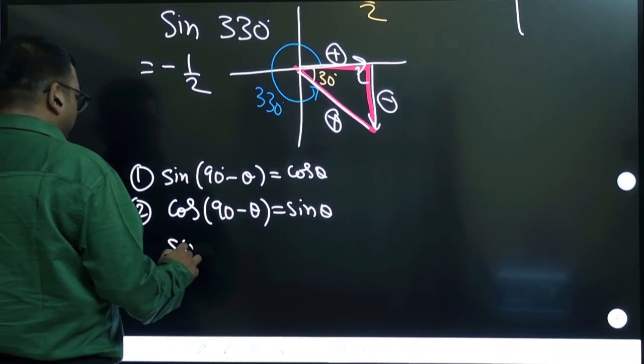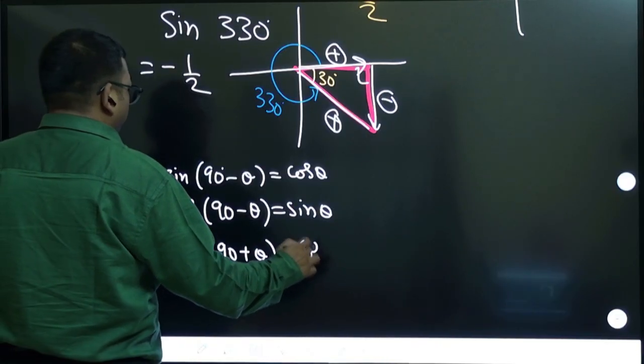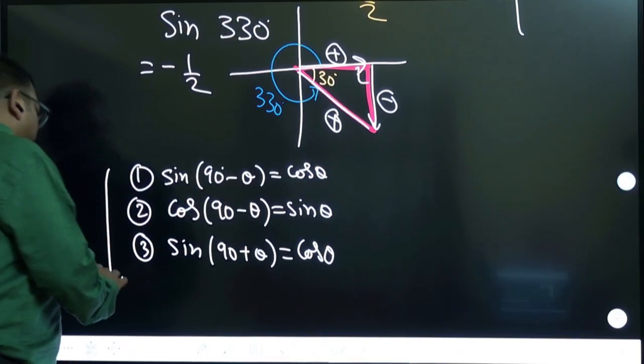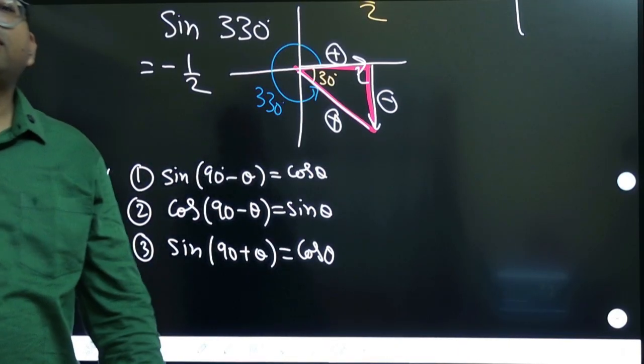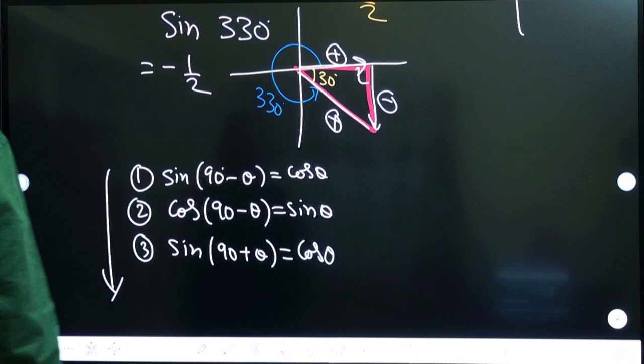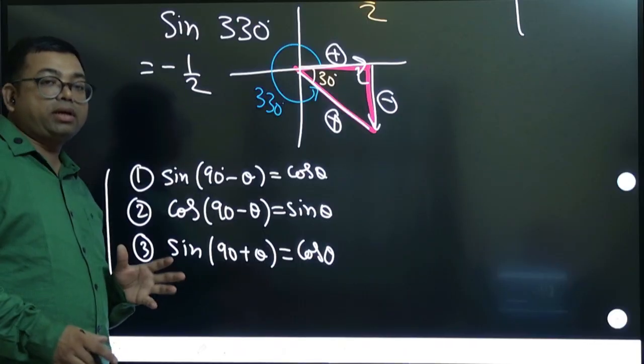Similarly, sine of 90 plus theta is cos theta. All these rules are there, no? These are coming from the same thing, from this quadrant. That's nothing new. You can do that, right? Okay, so I think now we are done with it.